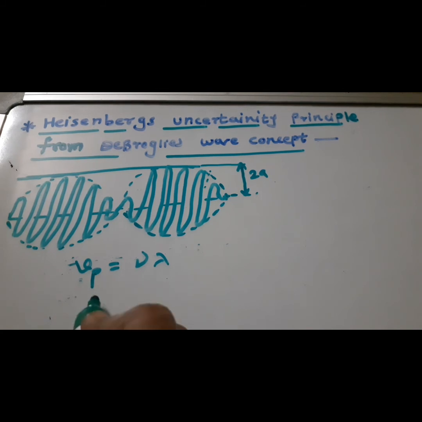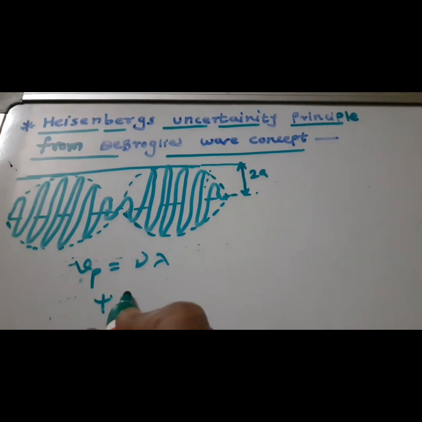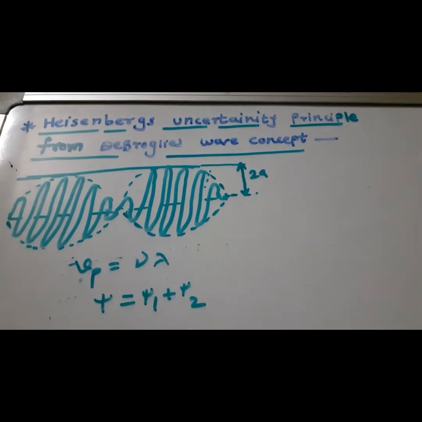Now from equations 1 and 2 we can calculate the resultant amplitude. Here psi is the wave function, that is equal to psi 1 plus psi 2, the resultant amplitude. But we know the general formula: cos of a plus cos of b.